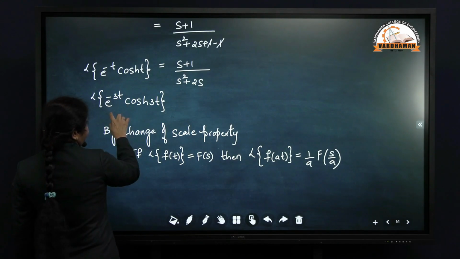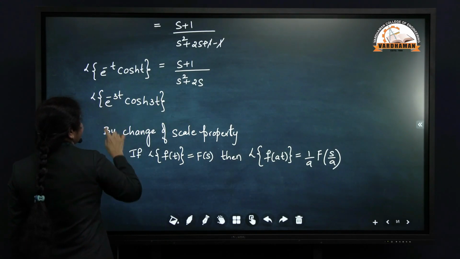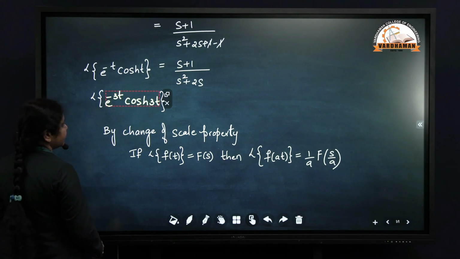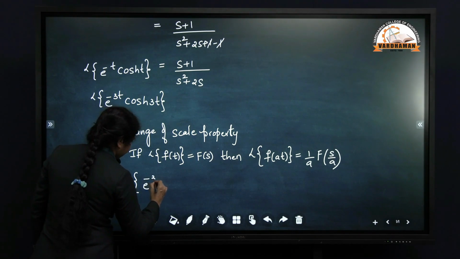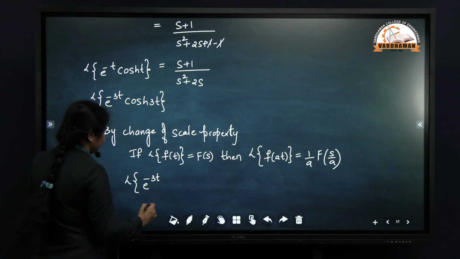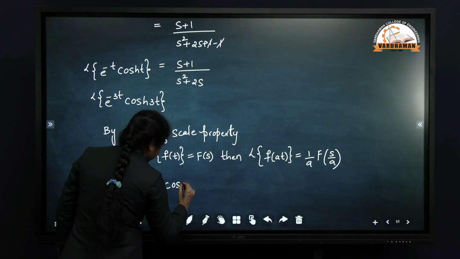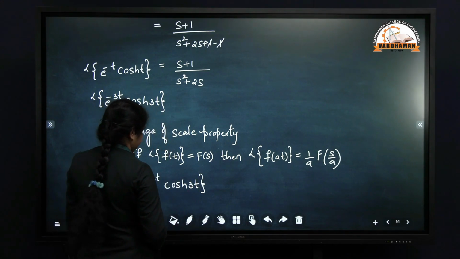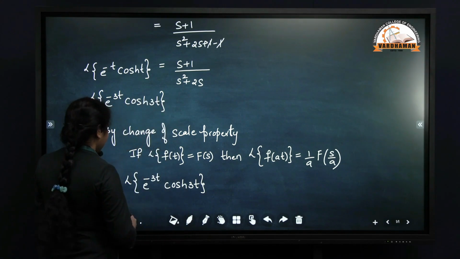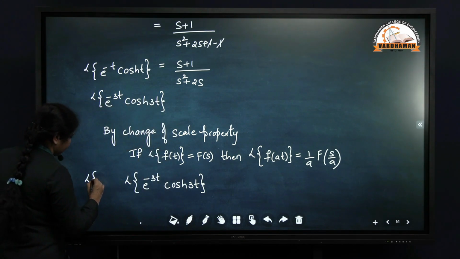Here f of a t is e power minus 3t cosh 3t. Now by the change of scale property, I can write the Laplace transform of e power minus 3t cosh 3t as, now this is our L of f of 3t actually.